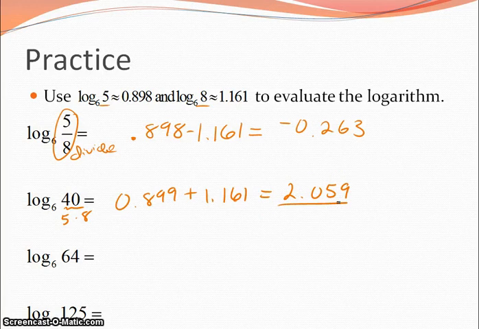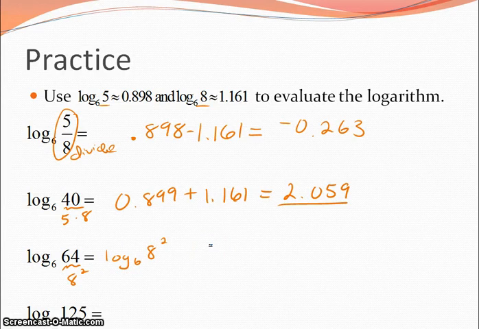Alright, let's look at the next one. 64. Now, I know that 5 times 8 gets me 40, so that can't be it. But I look at 64 and I think, well, wait a second. That's 8 squared, isn't it? So, couldn't this be log base 6 of 8 squared? And in fact it is.